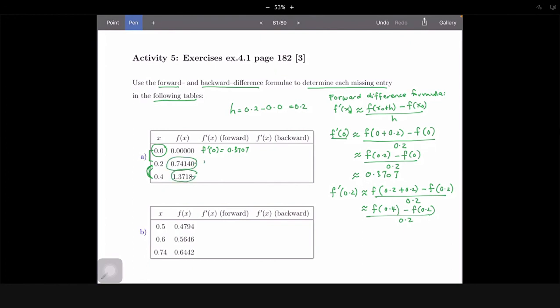Baru kita boleh dapatkan f prime 0.2. Dapat 1.3718 tolak 0.4714.